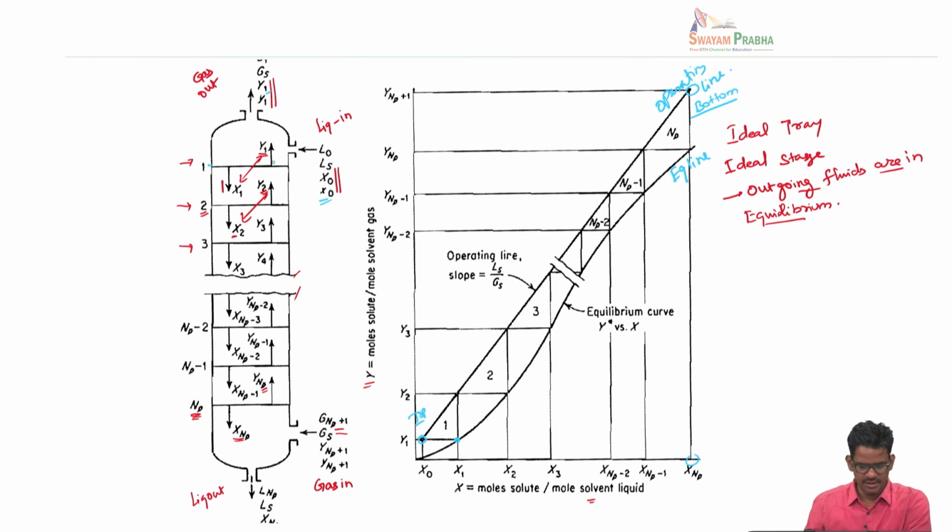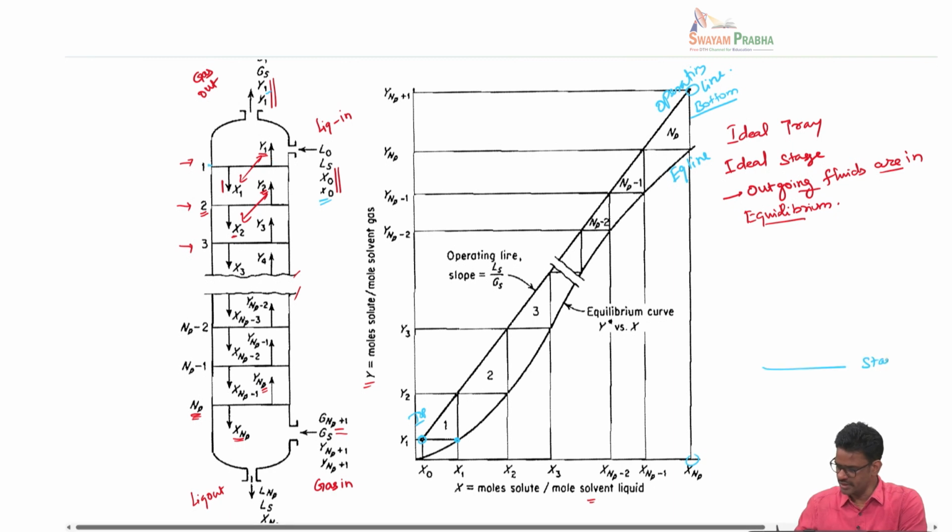And then y2, x1. If I take stage 1 here, the gas that is coming in is y2, and the liquid that is leaving the stage is x1, right? So that is the point that I can note here.